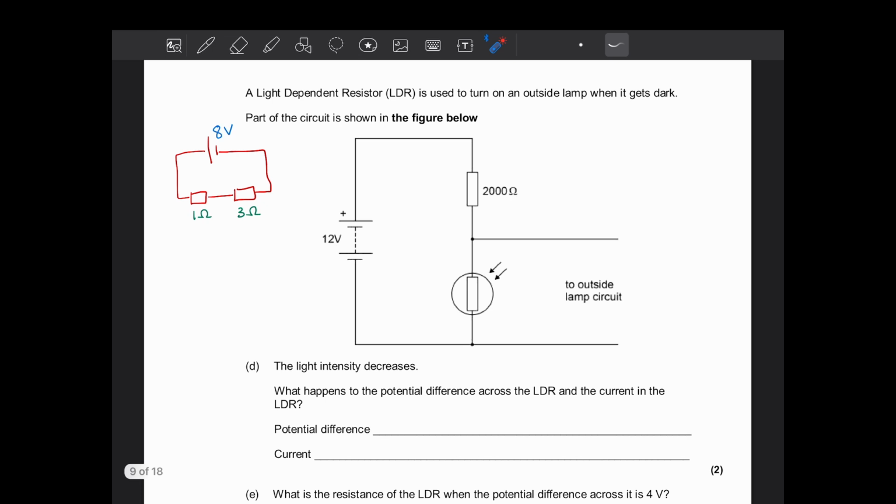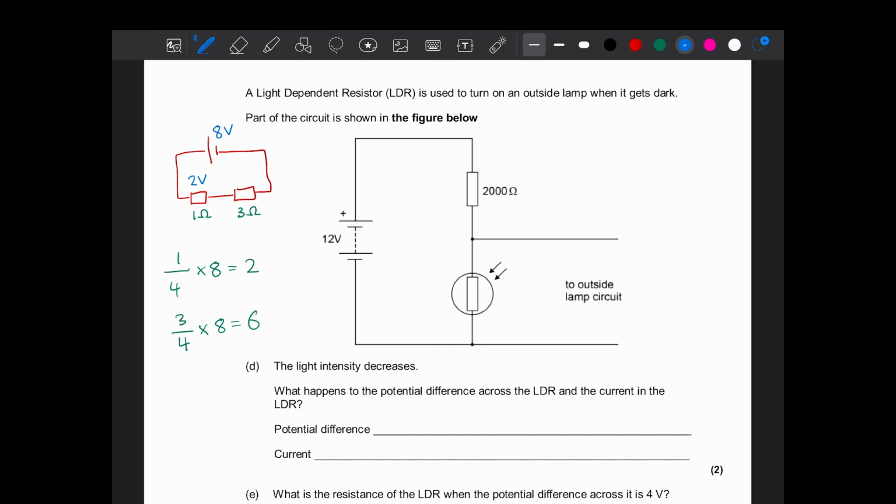Splitting 8 into a 1-to-3 ratio, that's more of a maths problem. You should be able to work that out. 1 over 4, because 3 plus 1, multiplied by 8, that gives you 2. So we've got 2 volts across the first resistor, and similarly 3 divided by 4 multiplied by 8, that's going to give us 6.